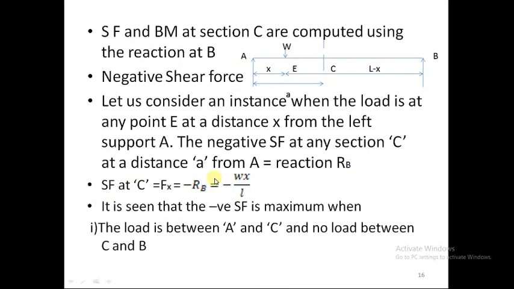Therefore the shear force at C is equal to RB, which is minus Wx by L. So the maximum negative shear force will exist when the load is placed between A and C and when the value of RB is maximum.